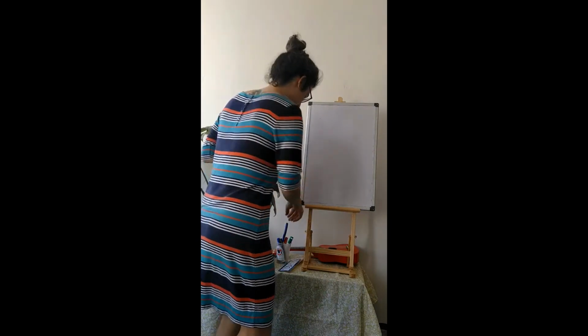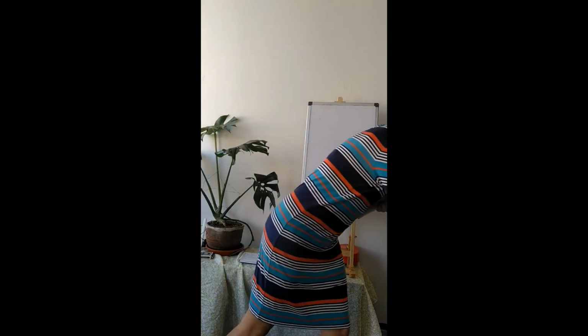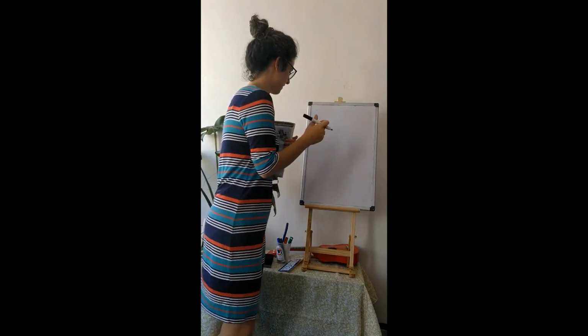So Ms. Gia is going to draw a car. It's not going to be a perfect drawing, but I'm going to try my best. Here we go. Where's my pen? There's my pen. All right.